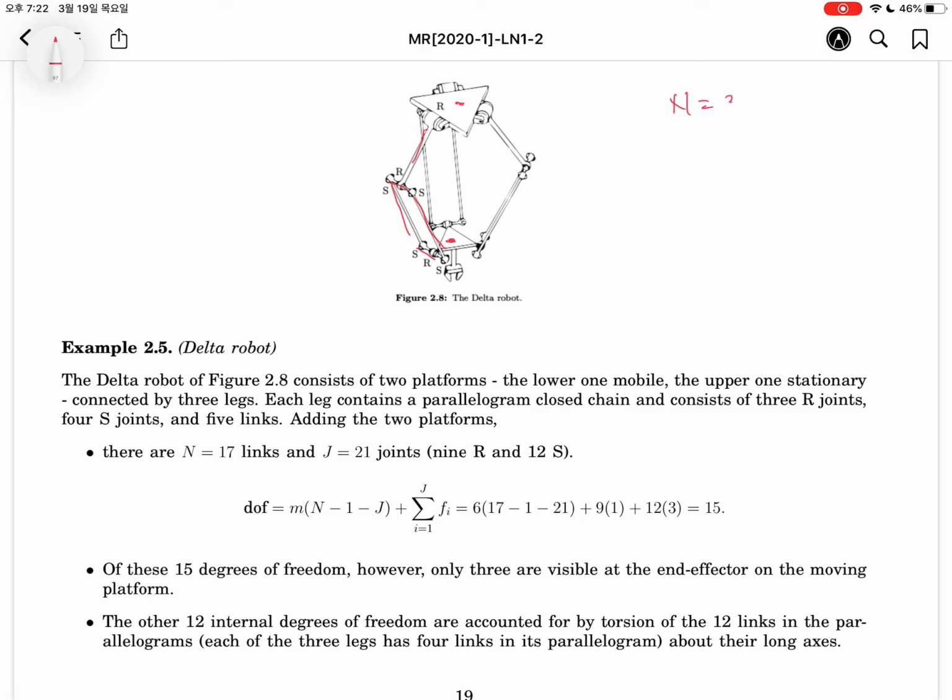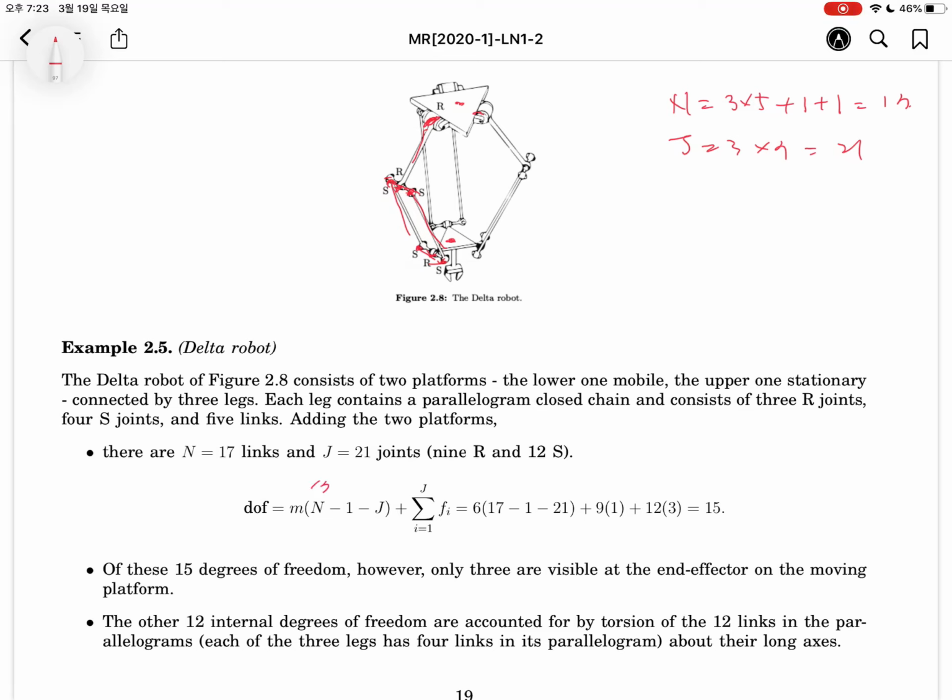The number of links will be 3 times 5 plus the fixed and movable plate, so 17. Let's count the joints: 1, 2, 3, 4, 5, 6, and one more, 7. So joints: 3 times 7, 21.